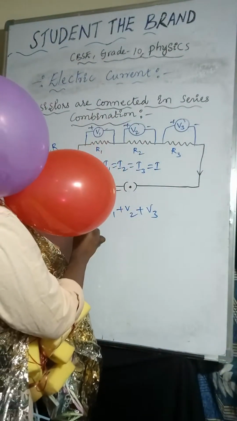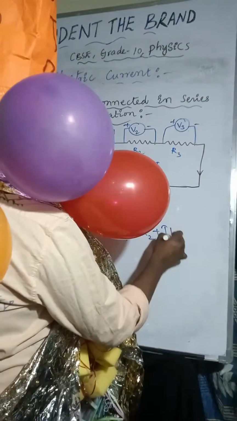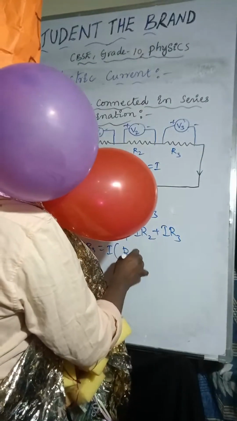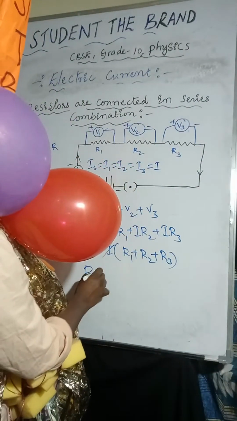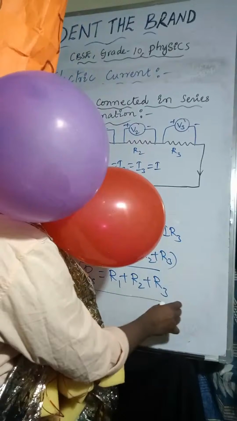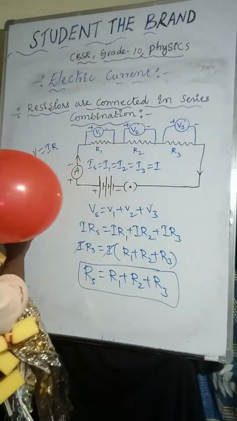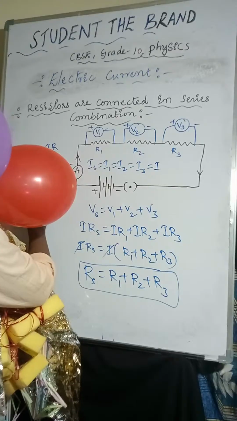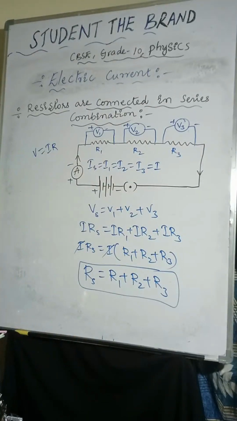So I Rs equal to... So this is a formula for resistors connected in series combination.